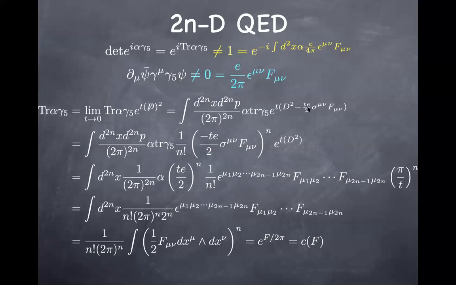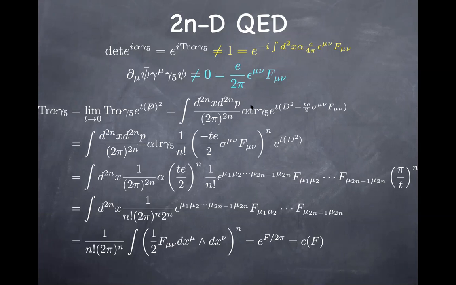And so what you do then is to expand the sigma mu nu F mu nu down from the exponent to the extent that the product of sigma mu nu's exactly cancels the gamma 5 factor. So if you remember what I told you a long time ago, the trace of gamma matrices is the same thing as the Wick contraction of the gamma matrices. So gamma 5 has every gamma matrix multiplied.